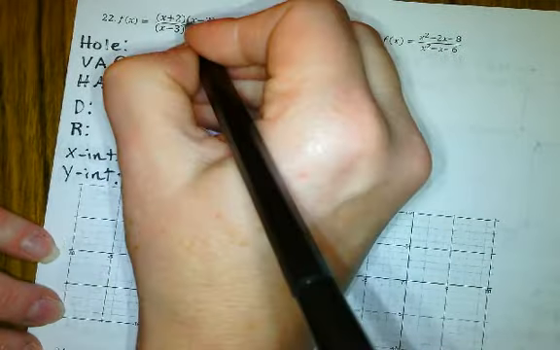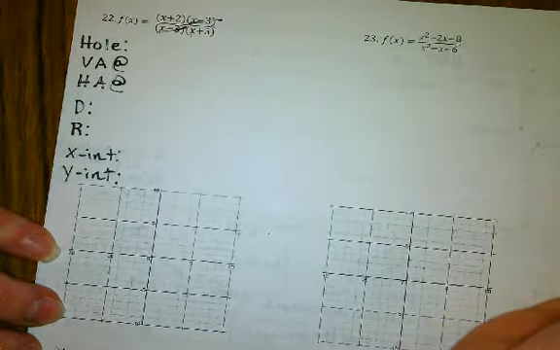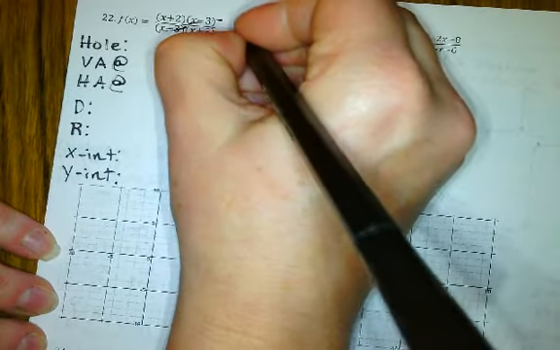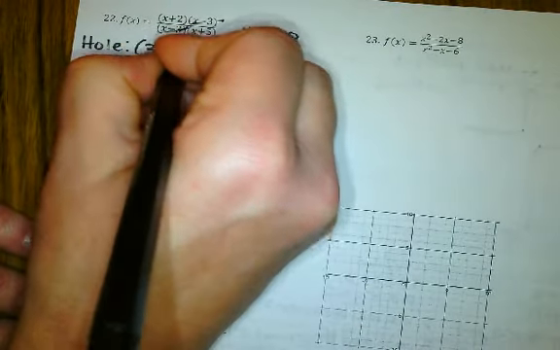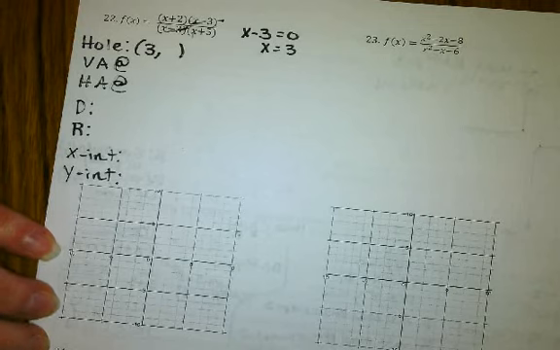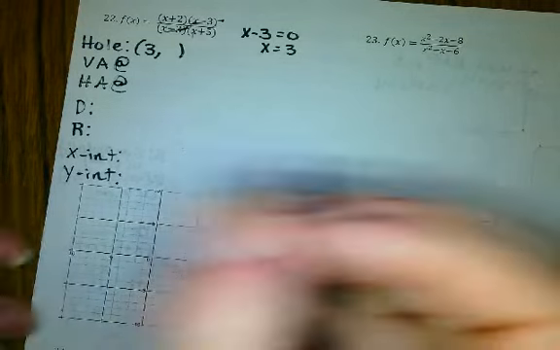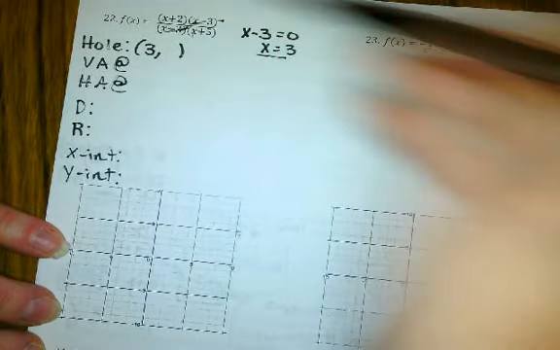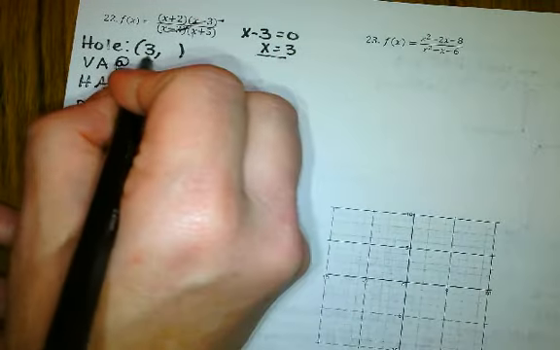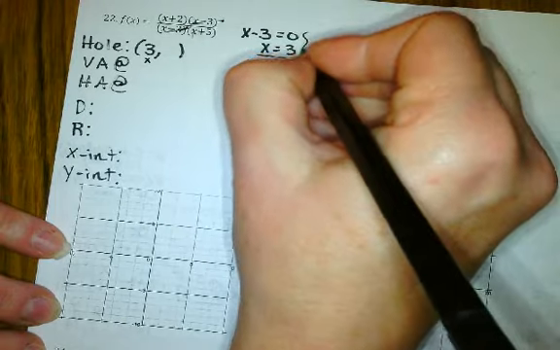Okay, so to do the hole, remember I'm looking to cross out the same thing on the top and the bottom. So that gives me x minus 3 equals 0 and x equals 3. So for my hole, so far I know I have a 3. Then what I'm going to do is take what's left to find the other part. So that's my x. So to find out what's left, I have x plus 2, but instead of x, I'm going to put 3.